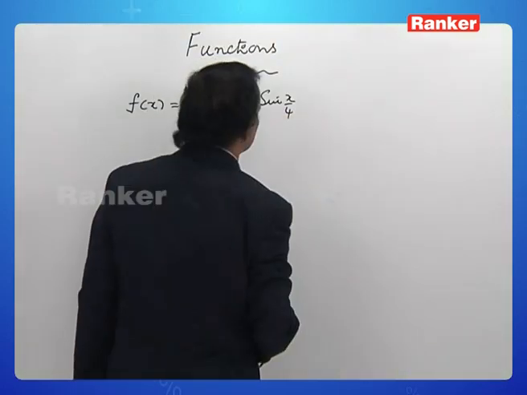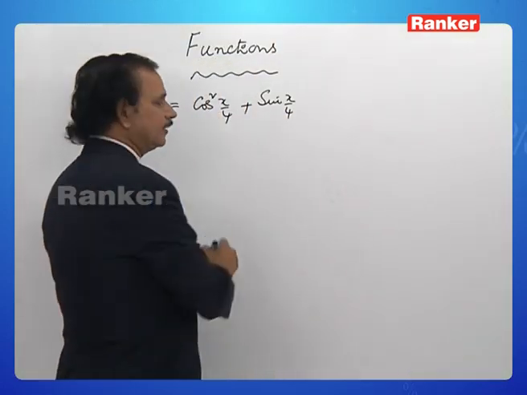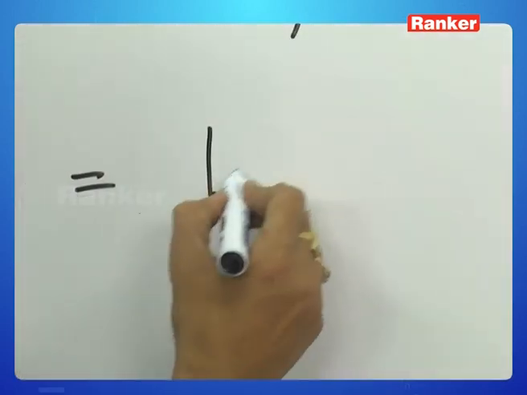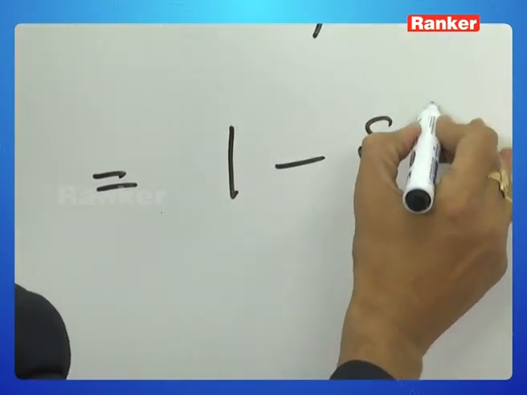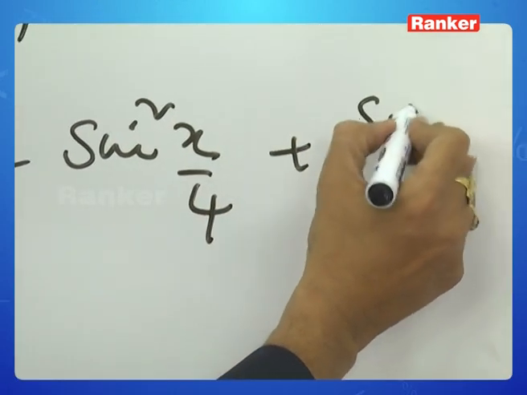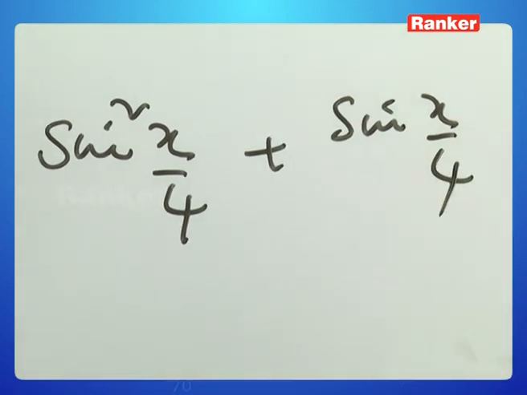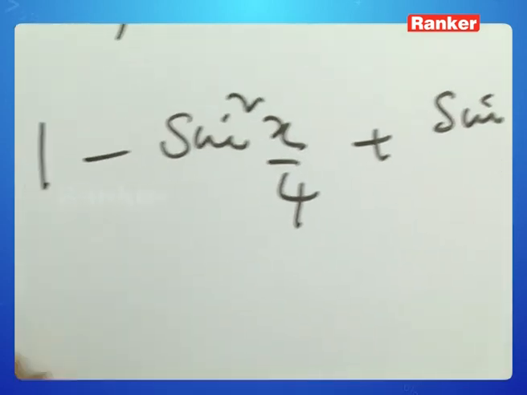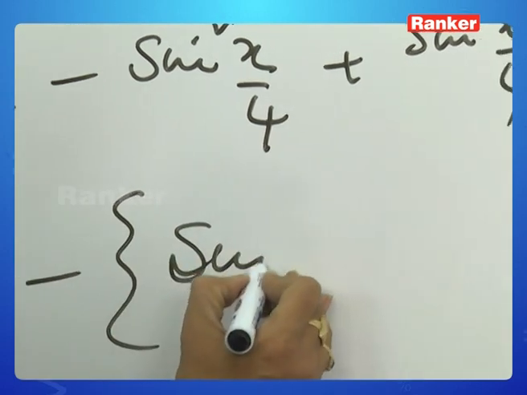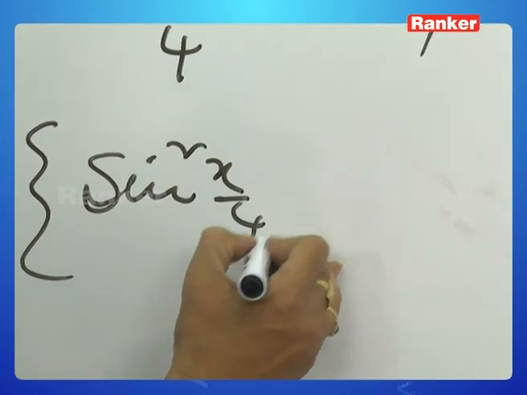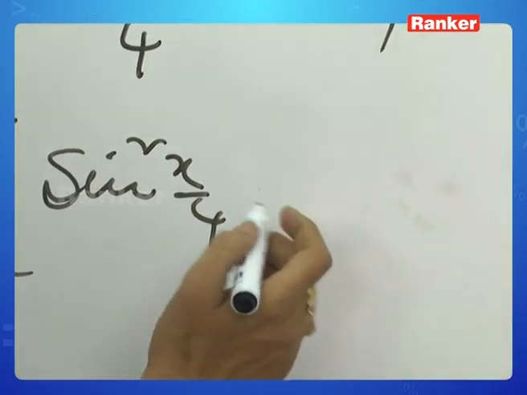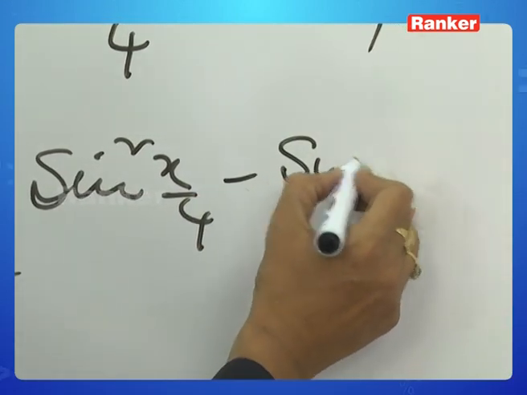Okay, let me simplify this: cos square x by 4 can be written as 1 minus sin square x by 4, plus sin x by 4. Am I right? Again, this is 1 minus sin square x by 4 minus sin x by 4.